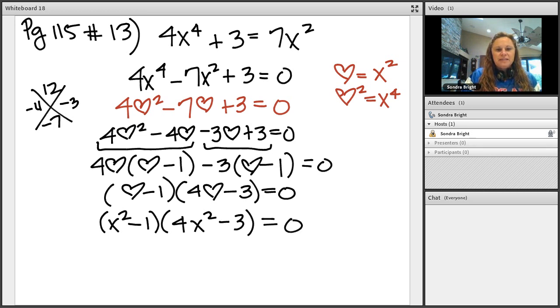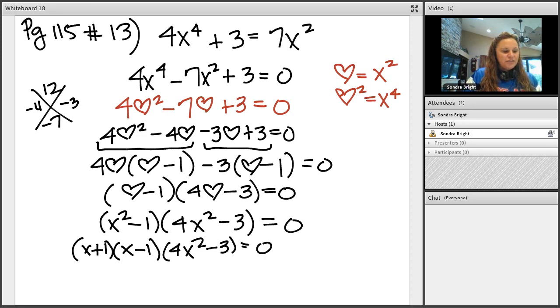I'm going to just set these factors equal to 0. x squared minus 1 is the difference of two squares, so you could factor that more. In fact, that's what I'll do. It factors as x plus 1 times x minus 1. And then we still have the 4x squared minus 3 equals 0.